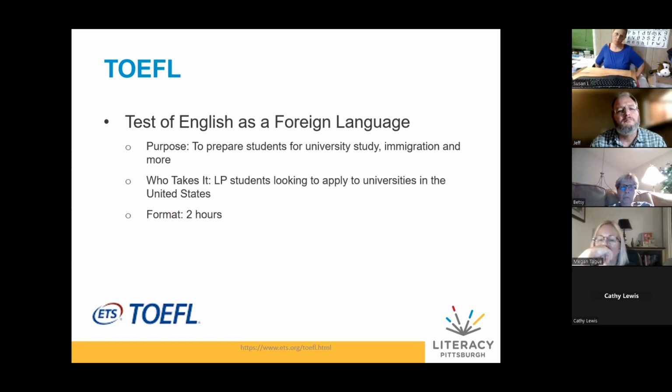The format is 2 hours long, and it tests mostly reading and writing abilities, just how well you would do in a university setting. At Literacy Pittsburgh, we have an academic English course for our ABE2 students, those very advanced students, where they do TOEFL prep as part of that course.